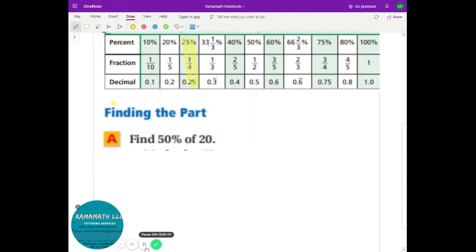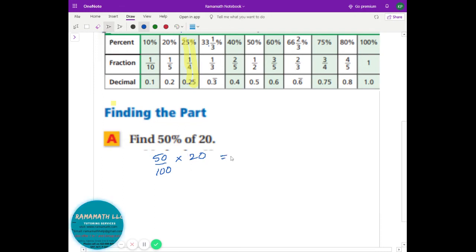Okay, so what's 50% of 20? Sometimes, any math question you can do in different ways. As long as you follow the rules, you're good to go. So for 50% of 20, you can definitely write it this way. 50% means 50 out of 100, and of means multiplication, times 20.